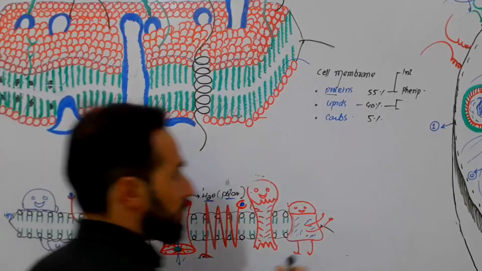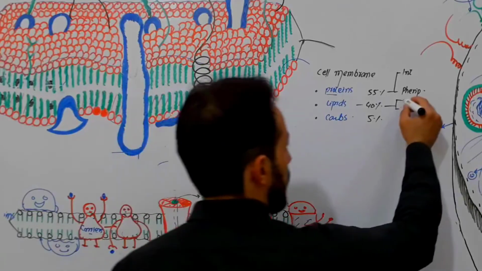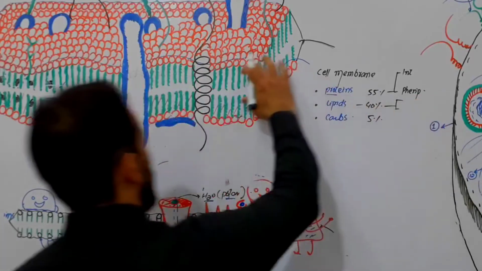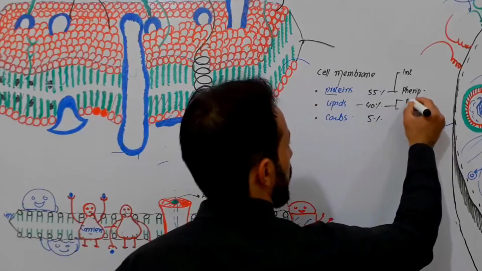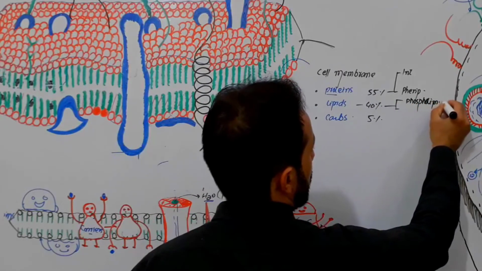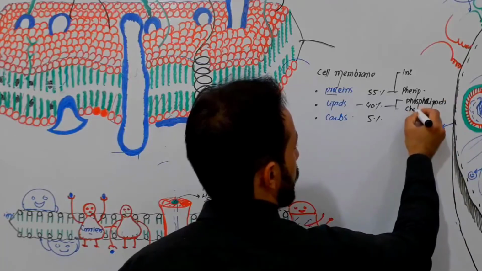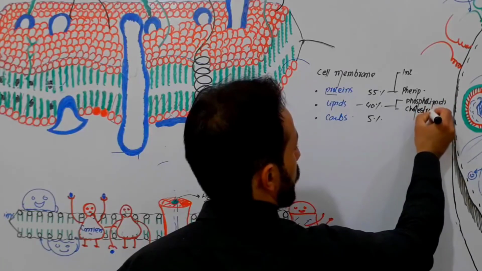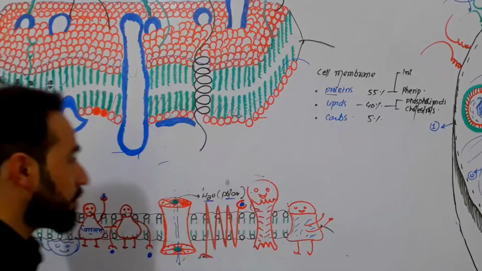Other than that, the lipids found in the cell membrane are the phospholipids and cholesterol molecules. Right, we know that.